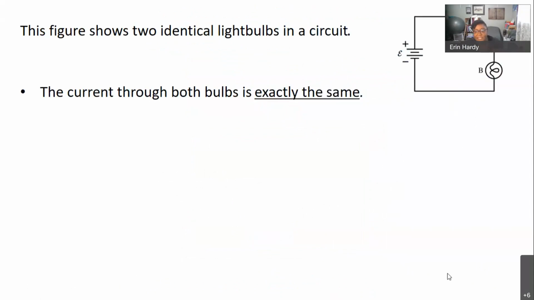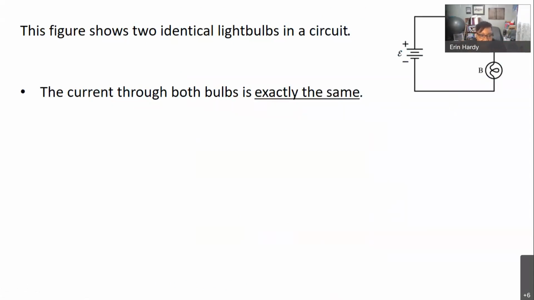Right, no problem. So let's look at our multiple resistor circuits. We're imagining that we've got light bulbs here, and light bulbs are non-ohmic. So we're making an assumption here that the delta V between the terminals of our battery is going to be constant.